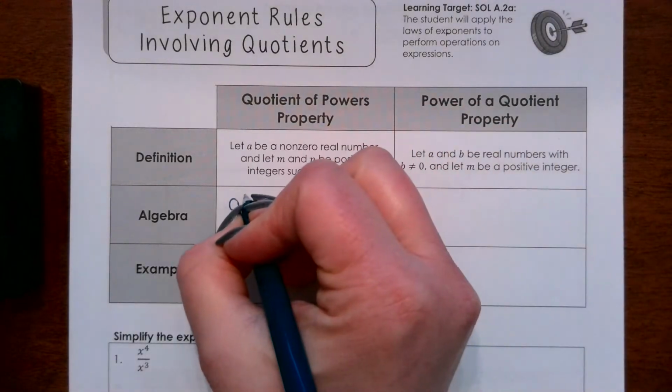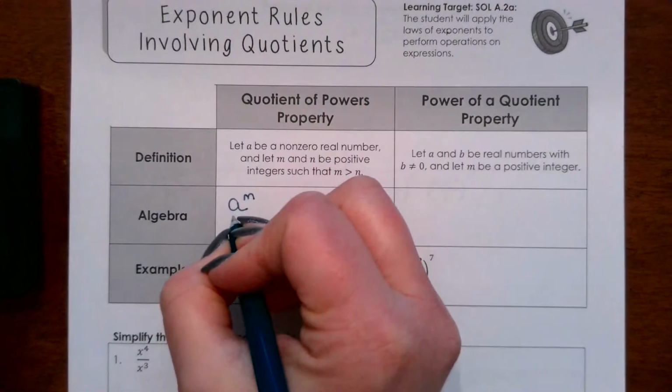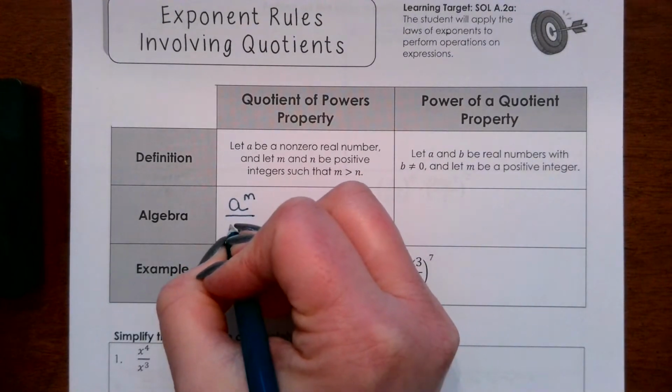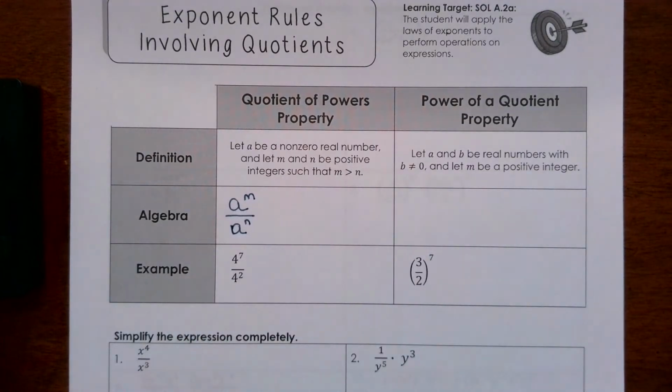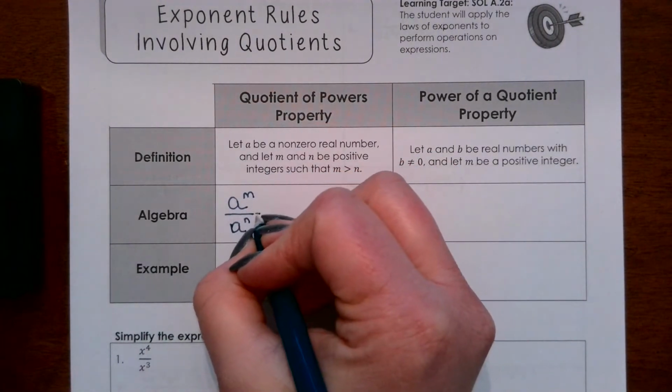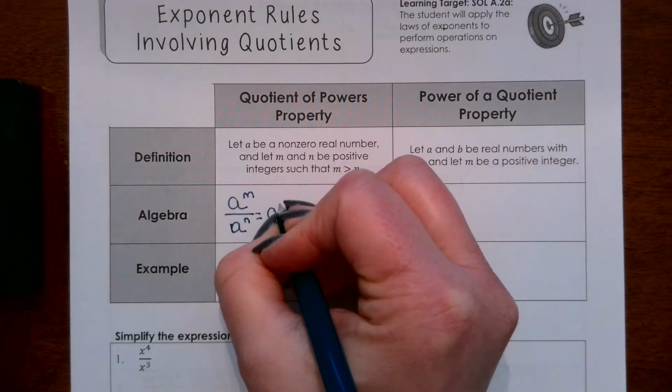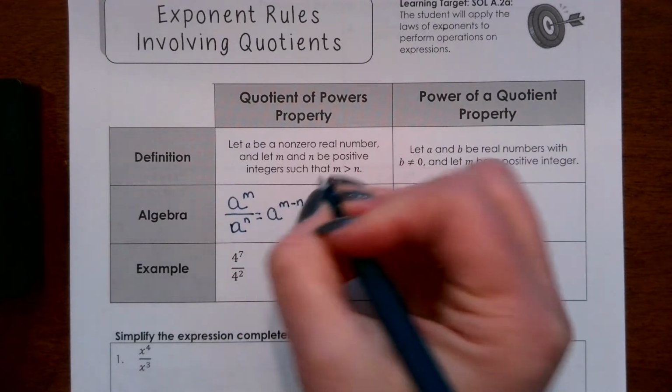And M, the exponent, are positive integers so that M is greater than N. If that is the case, if I have the same base in a quotient, that equals A to the M minus N.